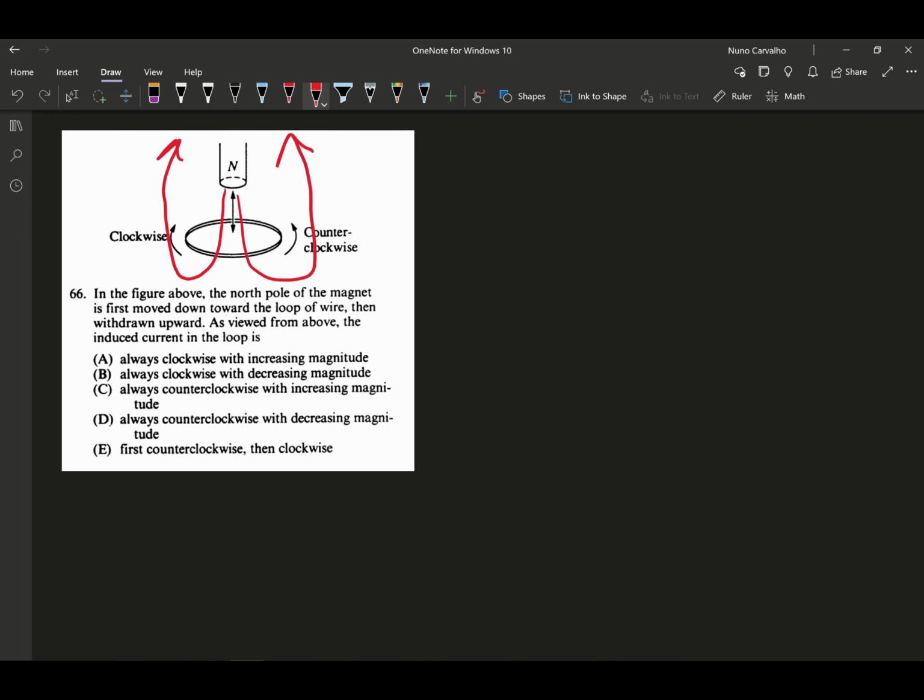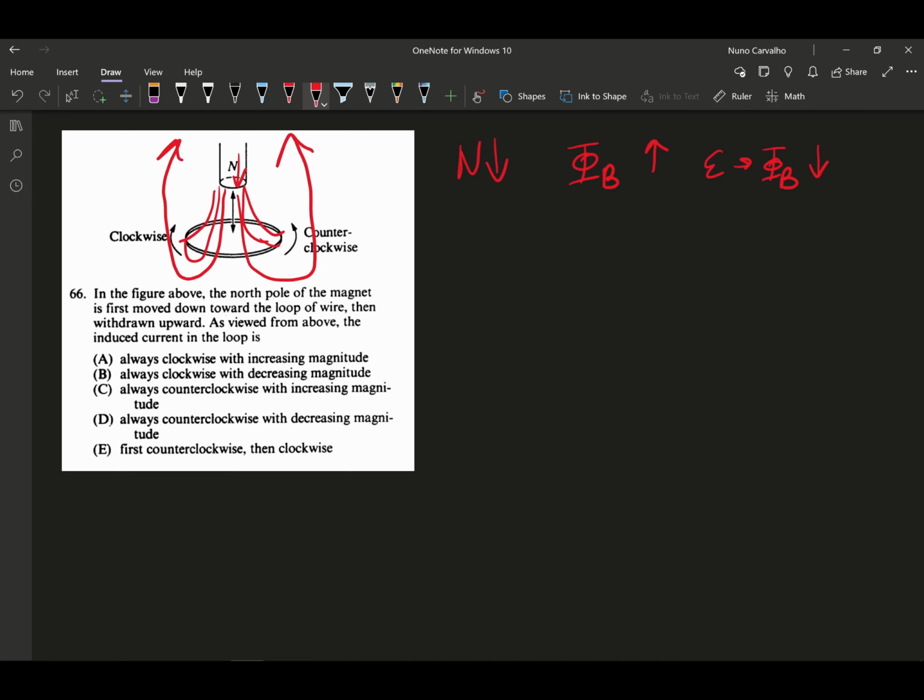As we get this closer, more of these lines are going to be included going through the loop here, which is to say, when the magnet is going down, the magnetic flux, at least as it's pointing downwards, is going to be increasing. That means the induced EMF, which will produce a current, should oppose this change.